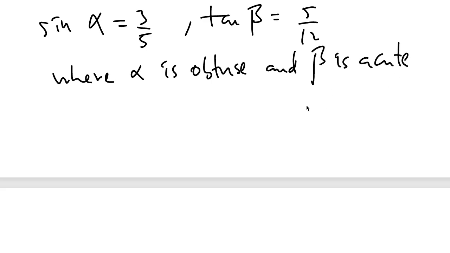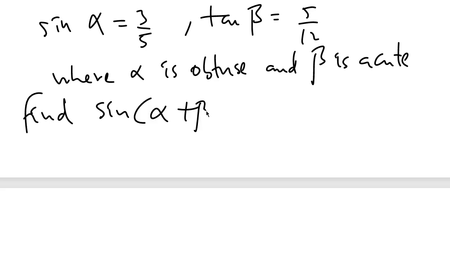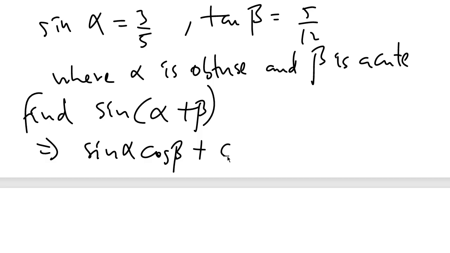If you're asked this in an exam, you must be very careful. The question says, find sine(alpha + beta). What's the formula? Sine alpha cos beta plus cos alpha sine beta. Simple. But you must be very careful with these values.